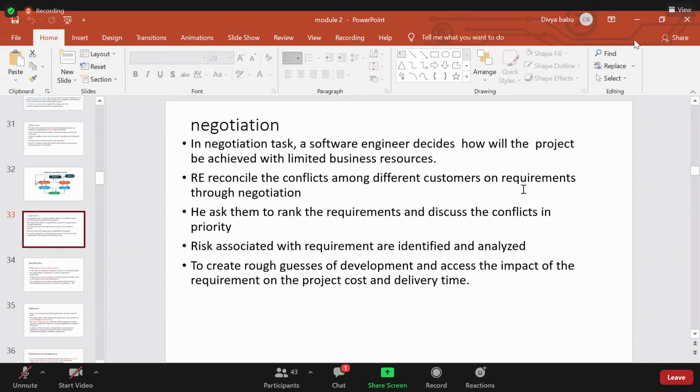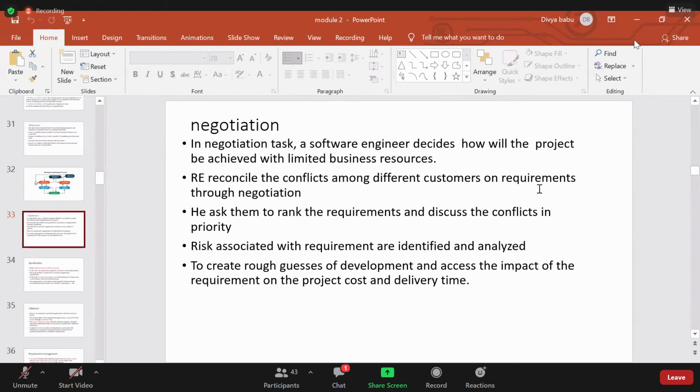The customer is asking you to implement something, but he is not aware of the technical details, and he is not bothered about whether it is technically implementable and within the budget. As a requirement engineer and analyst, it's your duty to analyze and make a report on whether it is feasible or not.